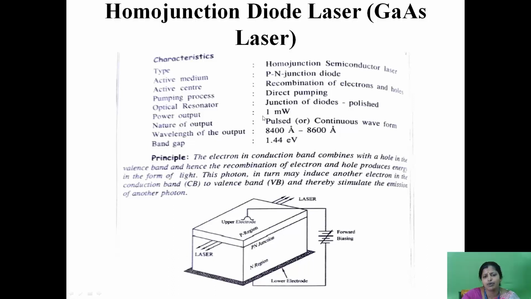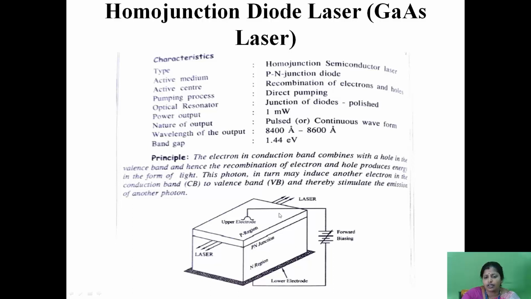The laser beam output is 1 milliwatt. The nature of the output is pulsed and continuous waveform. The band gap value is calculated as 1.44 electron volts. The output laser beam wavelength is 8400 Angstrom to 8600 Angstrom.